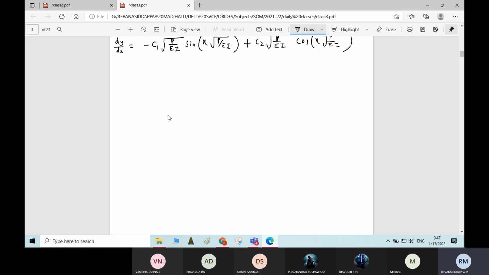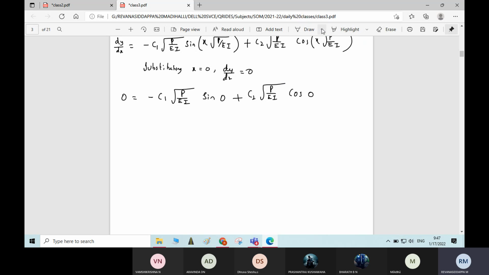Substituting, dy by dx equal to 0 is equal to minus c1 root P by EI into sin 0 plus c2 root P by EI into cos 0.